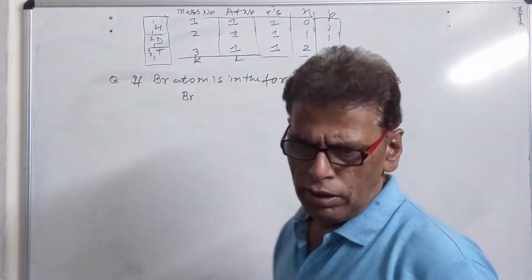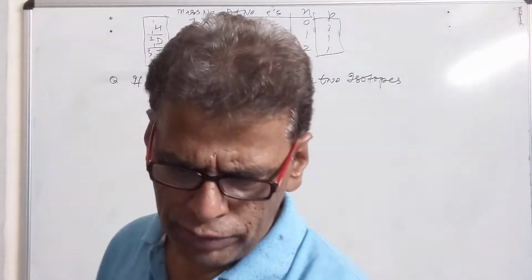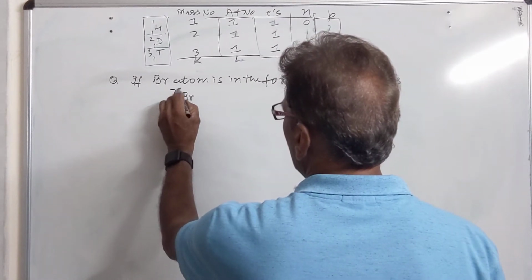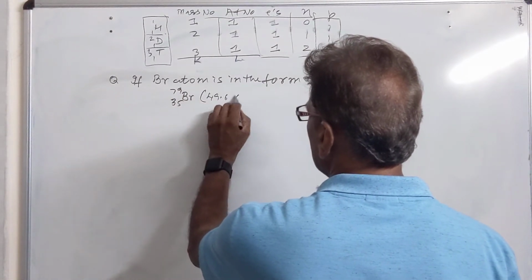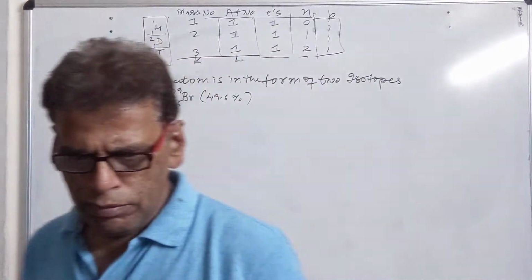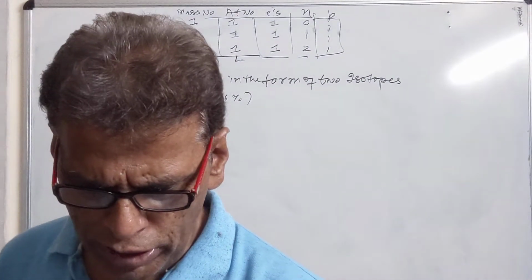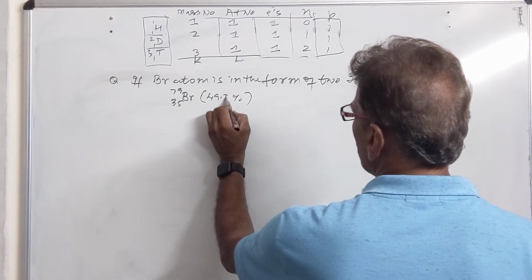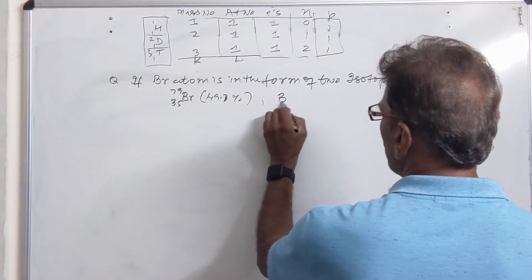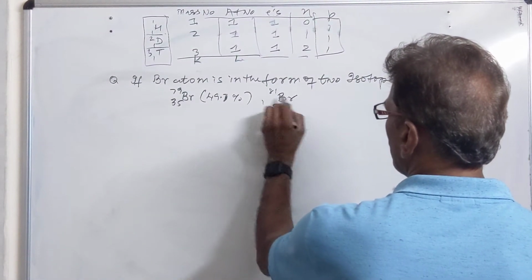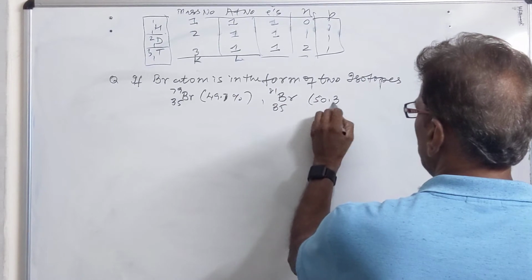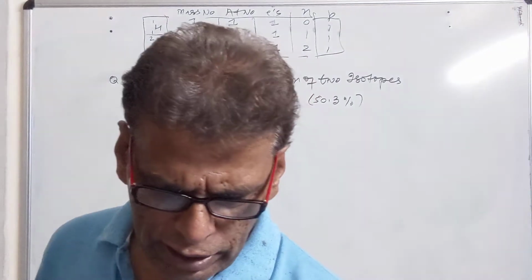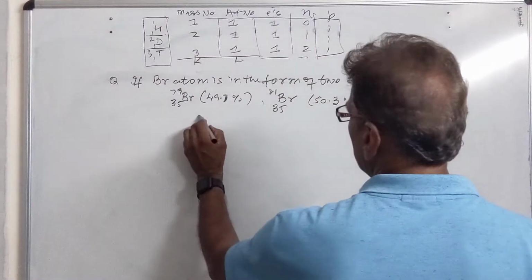We are having atomic number of 35 and mass number of 79. It is 49.6 percent. Then we have bromine 35, 81. Its percentage is 50.3 percent. Now he asks us to calculate the average mass of bromine atom.